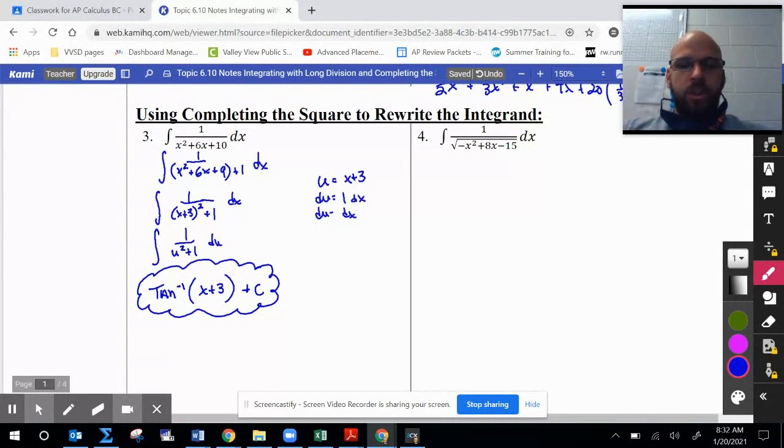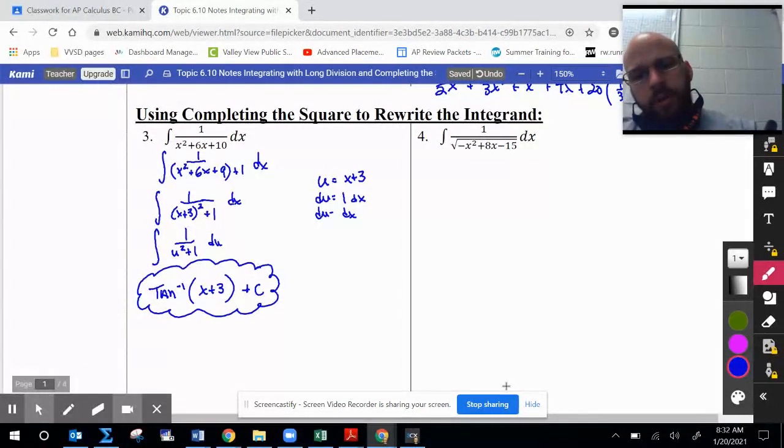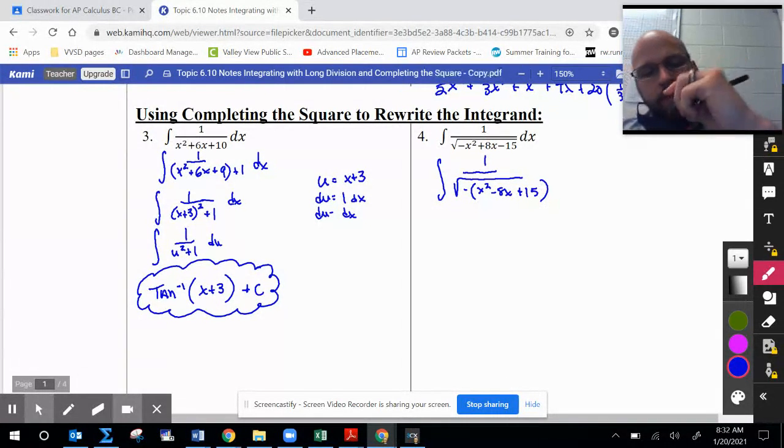Okay, so let's try to do it one more time. So if we take a look at number 4, now we have that negative inside the radical, like that. So I'm going to write this as a negative times x squared minus 8x plus 15. Okay, and I want to try to write a perfect square trinomial.